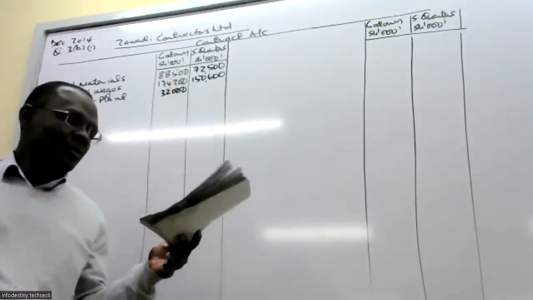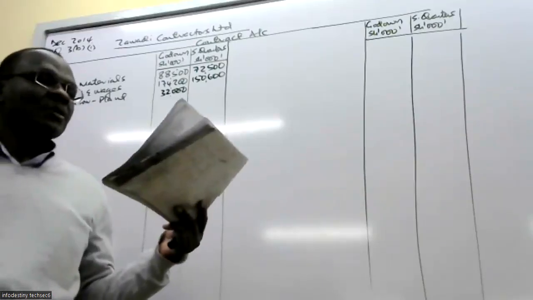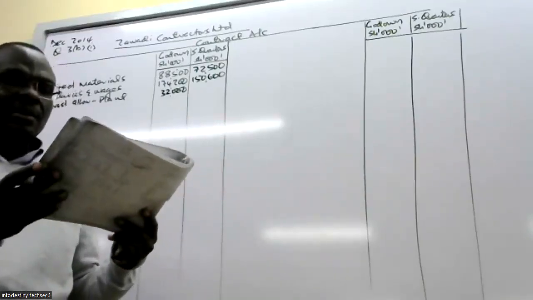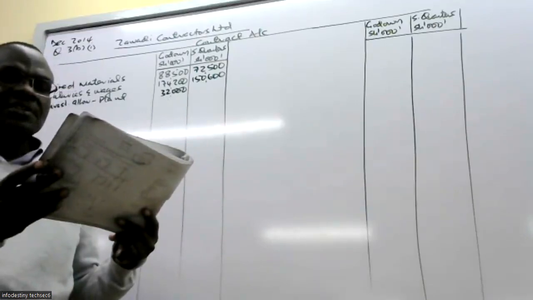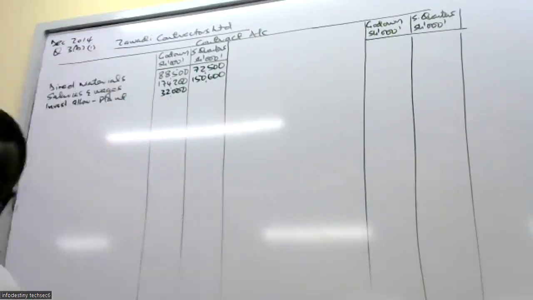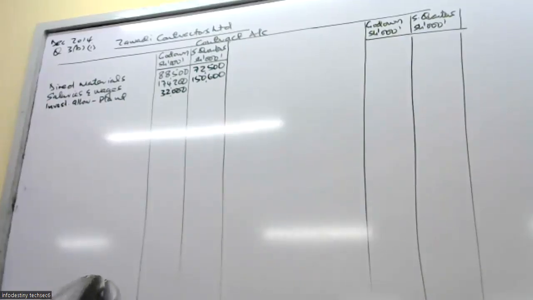Plant for staff quarters is 125,000. Then, do they have plant purchased? Yes. They have 145,000. So opening balance is 125,000, add purchased, another 145,000.